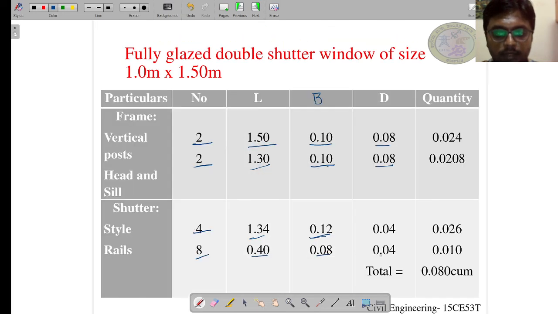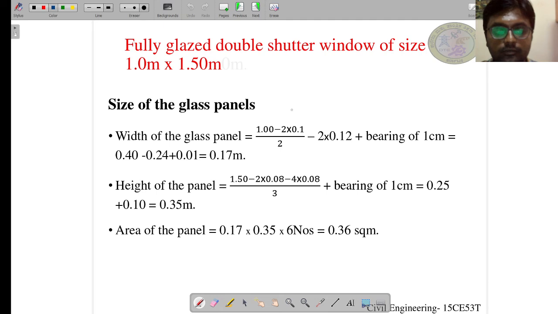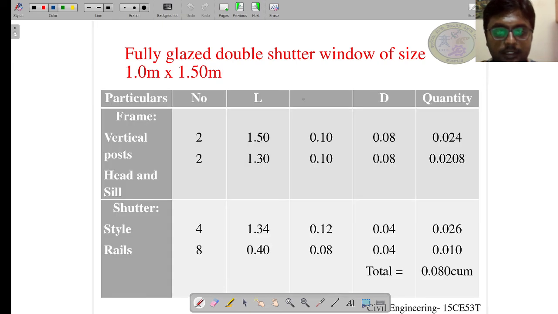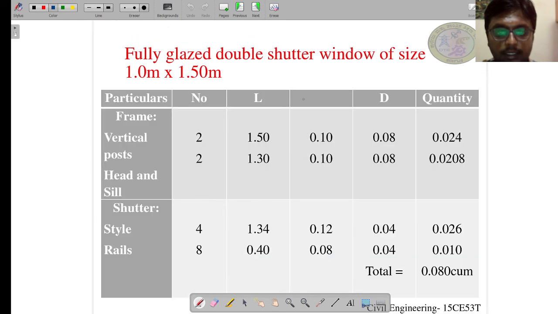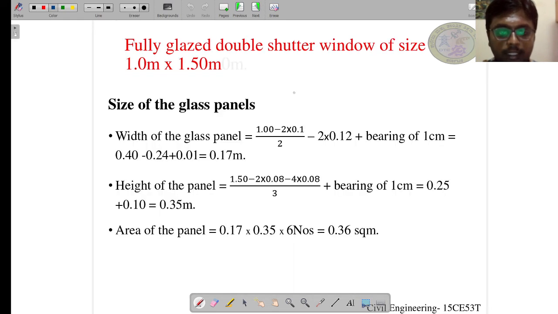Likewise we tabulate to calculate the total wood quantity, which is 0.080 cubic meter. We have left out one part in the shutter, which is the glass panels. So let us calculate the width and length of the glass panels so that we can calculate the area of the panel.